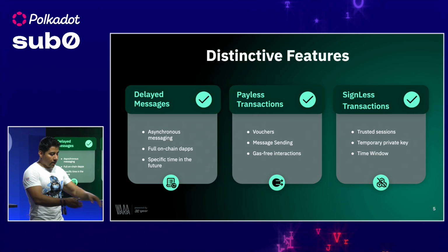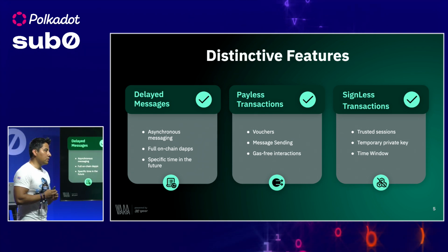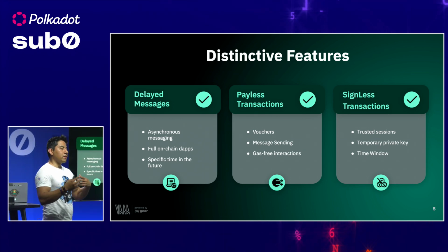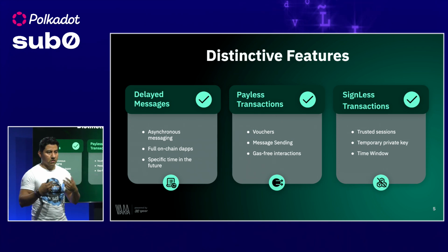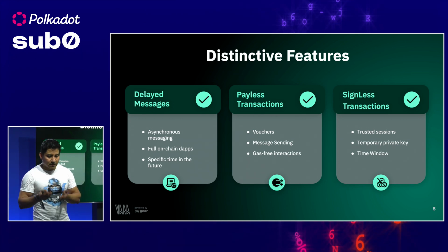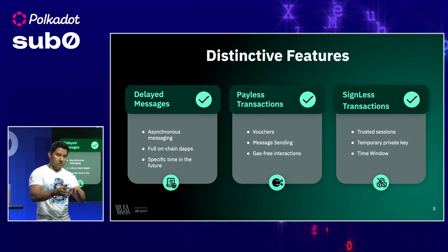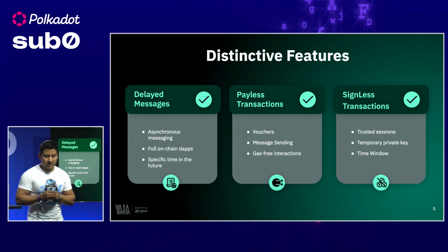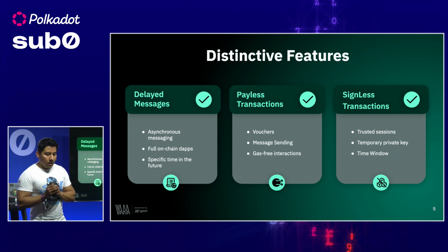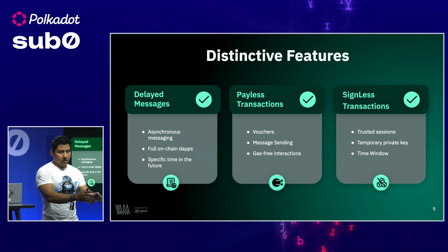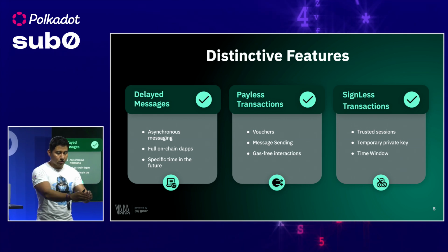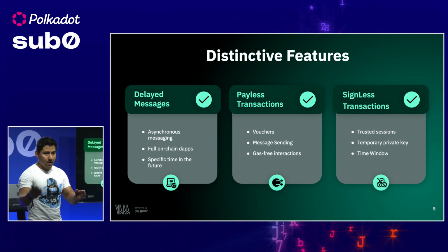So here the Payless transaction basically enables a user to interact with an application without having tokens. How is that? We create something internally called a voucher, which is basically a space in the smart contract where we can send tokens just to pay the fees in advance for the user.